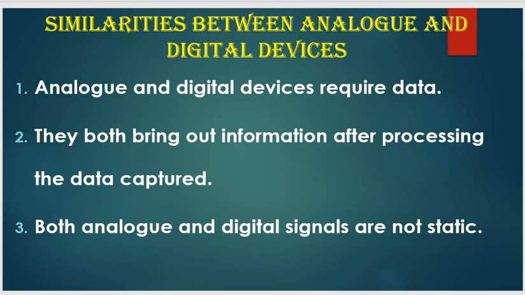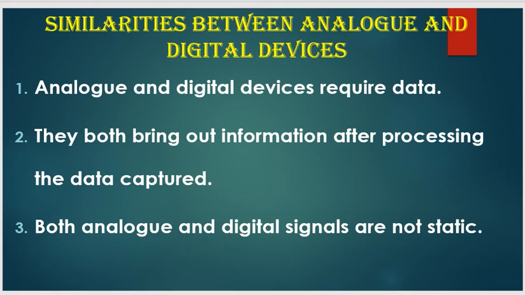When you input data into them, they are able to bring out information for the user to understand. So both digital and analog devices require the use of data, and after that, they work on the data to give out what we call information.